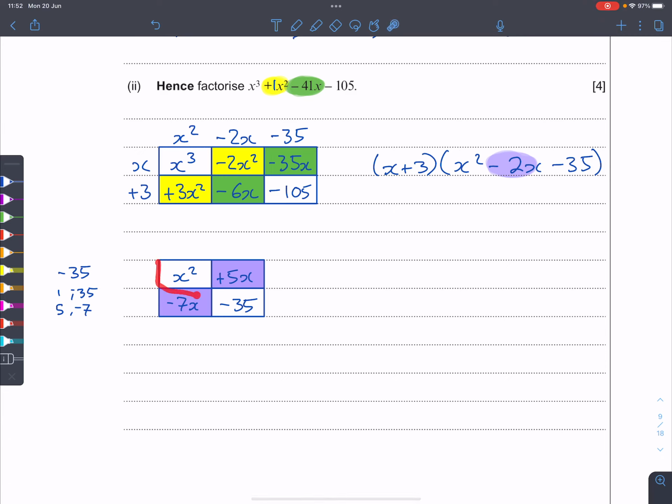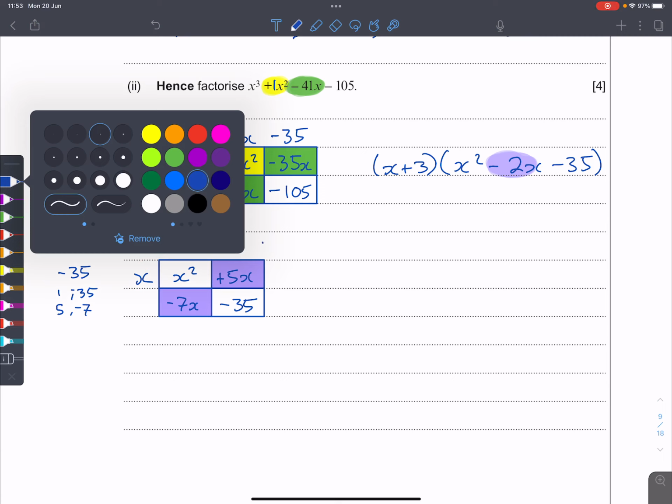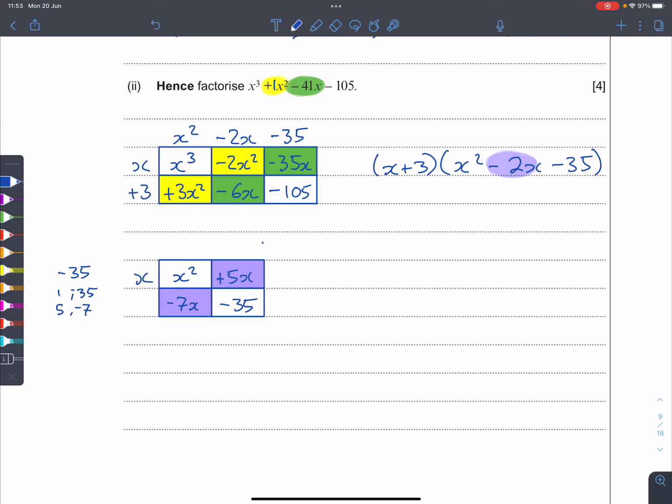If I take a look at this top row, there are no numbers in common apart from 1, but there is an x in common, so x can come out. Then I can fill in this value: x times x is x squared.